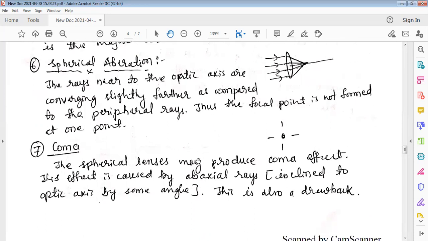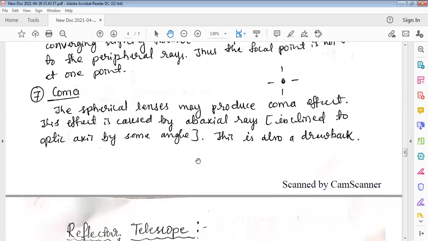Another problem is called coma. Sometimes you might have noticed this phenomenon when some light sources are seen through a glass or something else, a star-type image is formed, and this is called the coma effect.